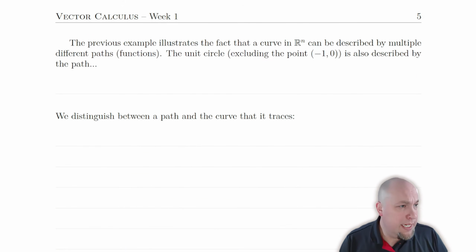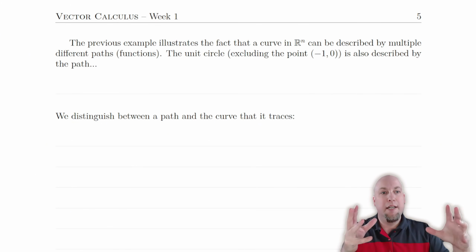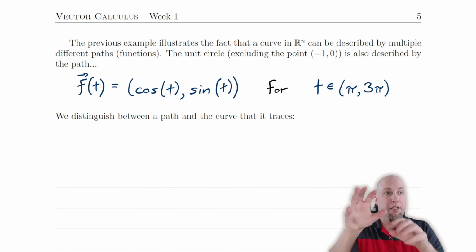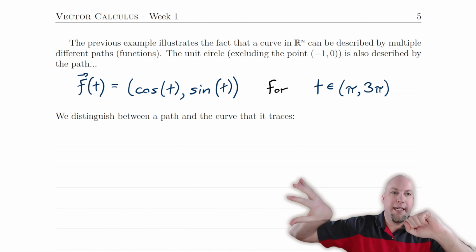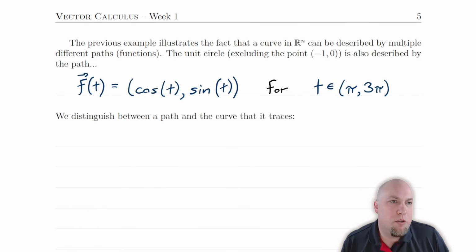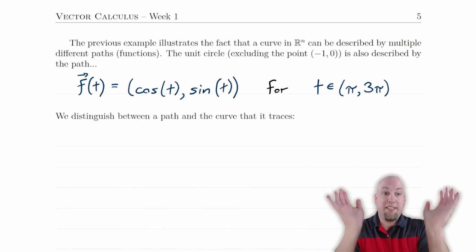Now, one nice thing about this example is that it illustrates that curves can be parametrized by many different paths. You can have lots of paths that look very different on the surface but trace out the exact same curve. For example, the unit circle excluding its leftmost point, the point (-1, 0), we could have traced out in a more familiar way with trig functions, by the path (cos t, sin t) where t goes from pi to 3 pi, excluding the endpoints.